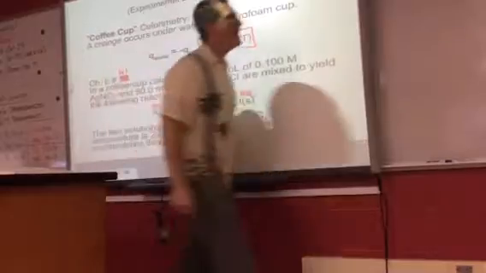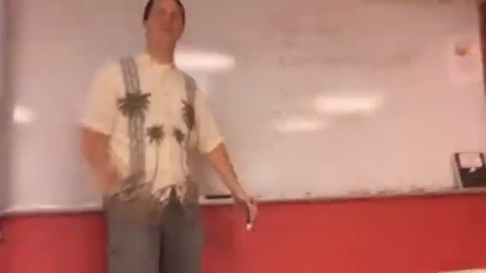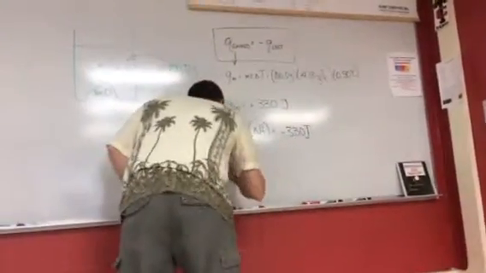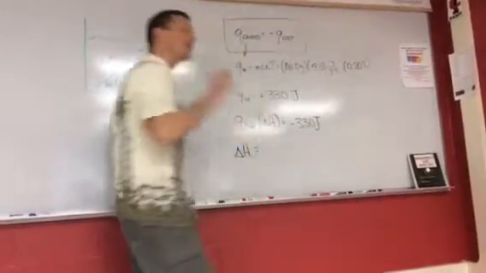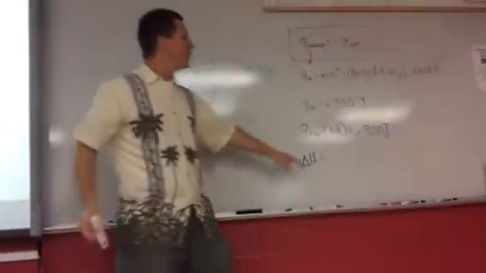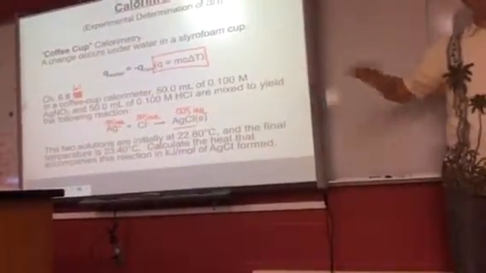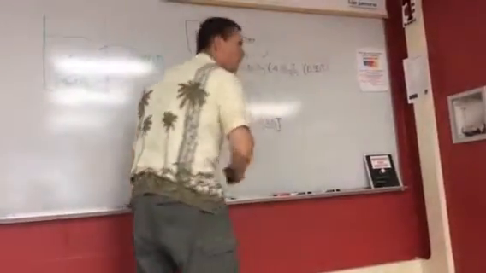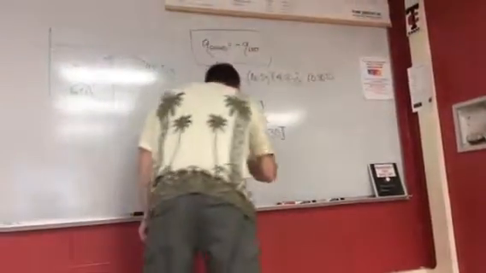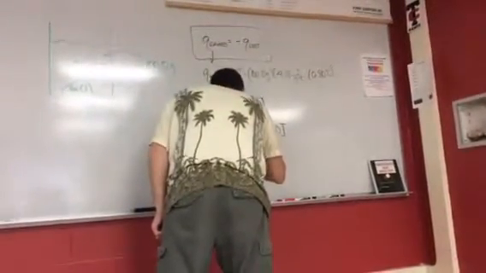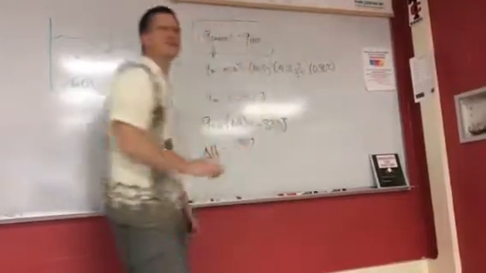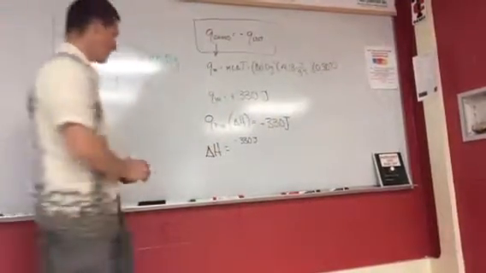Okay, so then what is the delta H of this reaction? 330 joules was the delta H for 0.005 moles that was produced. Oh, we have to change the joules to kilojoules.